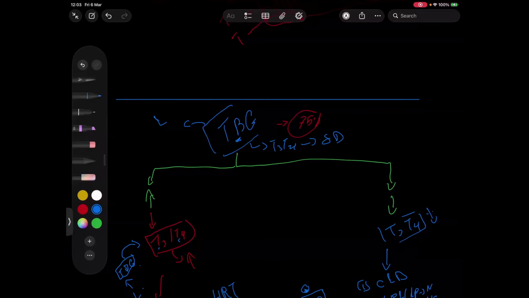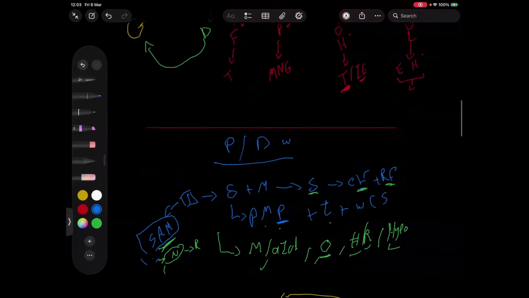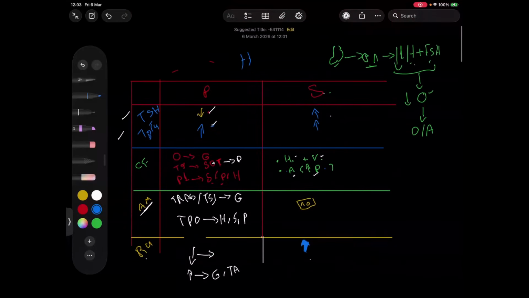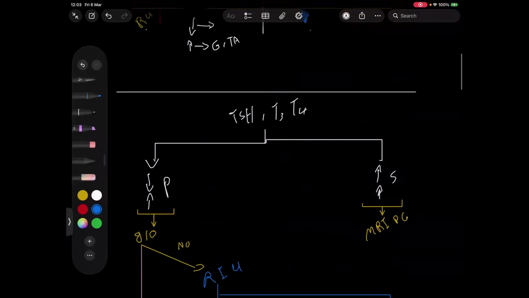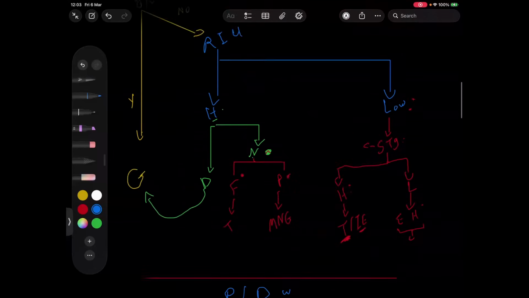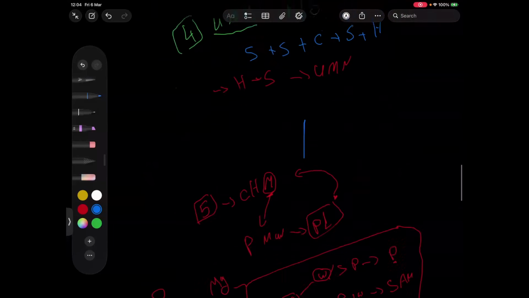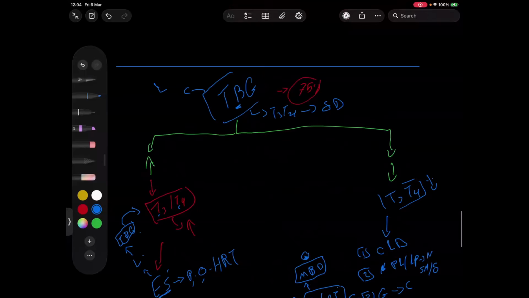You're going to remember for me all we have done today. First, the table: primary, secondary. The second, how you navigate through the investigations. The third, you go for the proximal and distal. The fourth thing to remember is your TBG.